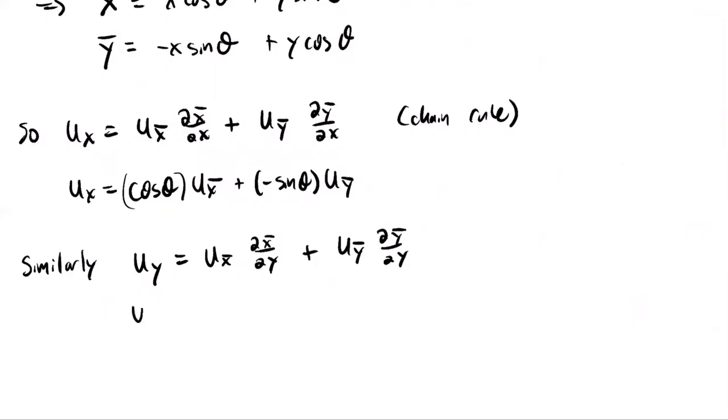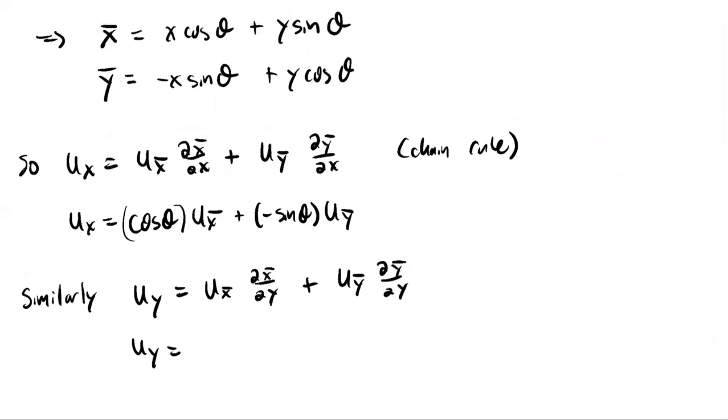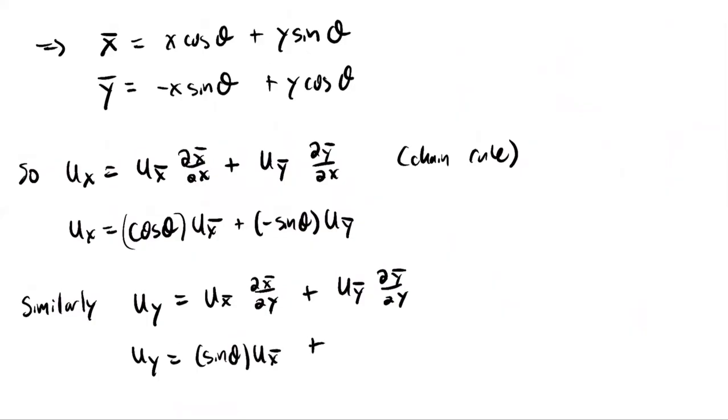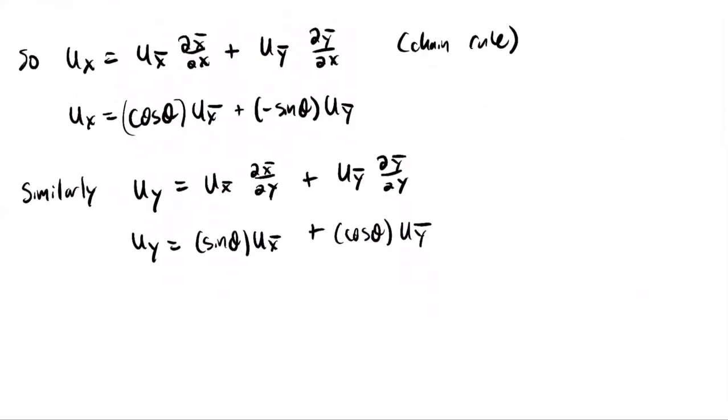And so this tells me that the derivative with respect to y is equal to, well, what is dx bar dy? That's sine theta, so sine theta u_x bar, plus, what is dy bar dy? That's cosine theta u_y bar. And so now we know what the first derivatives with respect to x and y are in terms of x bar and y bar. In particular, we have the following formulas.